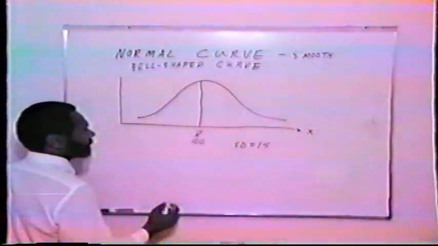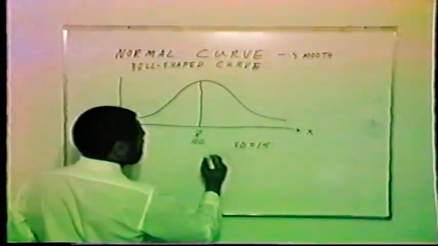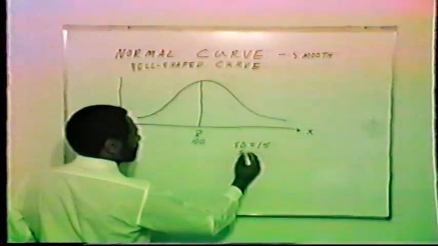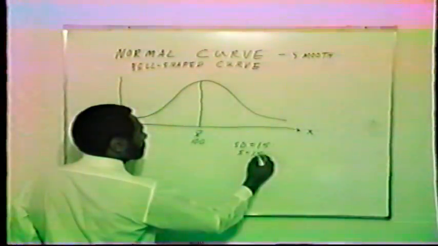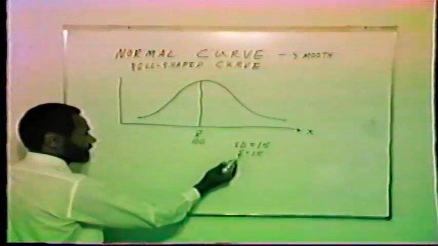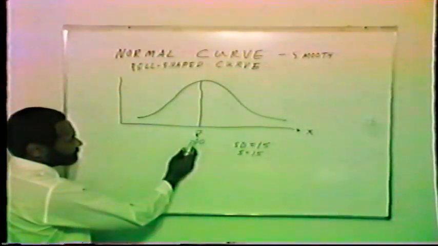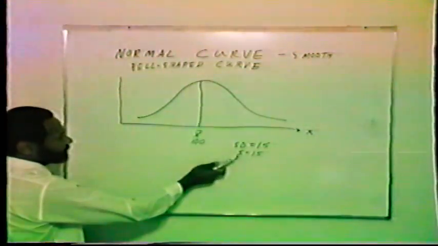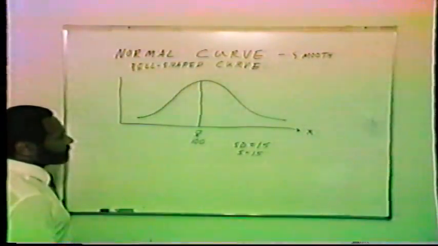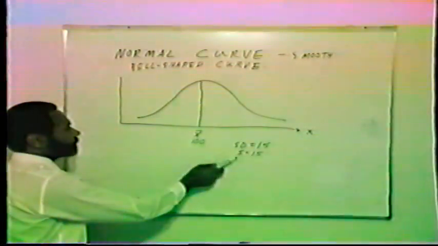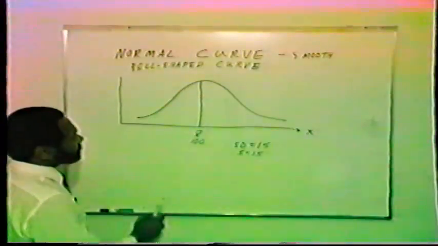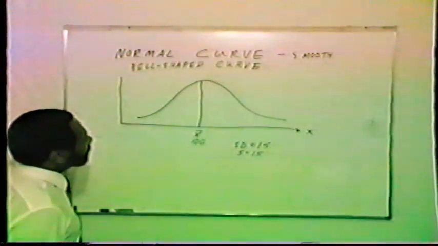And we will be using the letter S for the standard deviation. So we can just write S equals 15. And this S really represents the standard deviation of the sample. This x bar represents the mean of the sample. So those are the two statistics that we'll be using in reference to the normal curve.